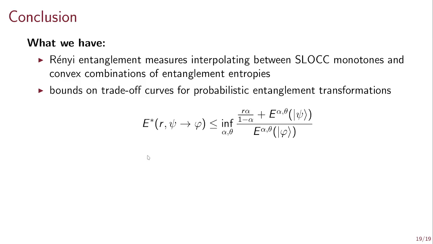So let me conclude. What we have is a collection of entanglement measures that might be called the Rényi entanglement measures, interpolating between the asymptotic monotones and convex combinations of the normal von Neumann entanglement entropies, which give bounds on the trade-off curve for probabilistic entanglement transformations, in the sense introduced in the beginning of the talk.